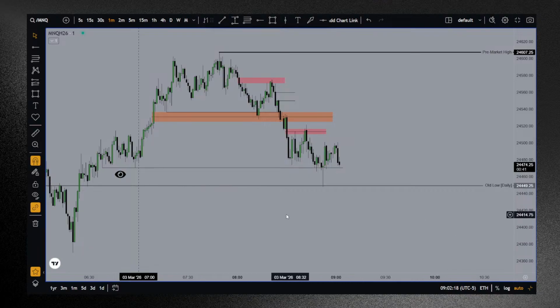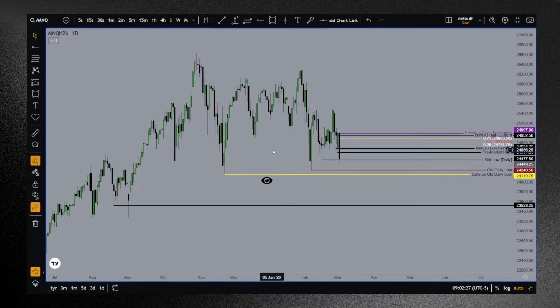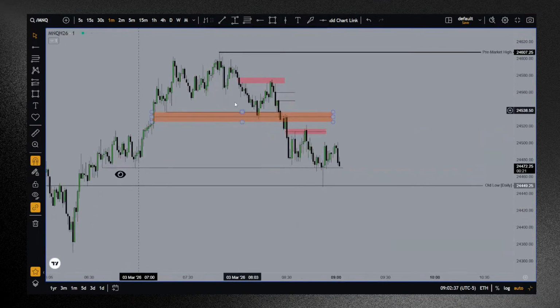What can I say? Of course, anything can happen as we are in this daily range, but truth to be told, the sell side here looks the most obvious, the most significant, the most reasonable to expect. So therefore, that's why I'm sticking with it. But I might be proven otherwise, right?